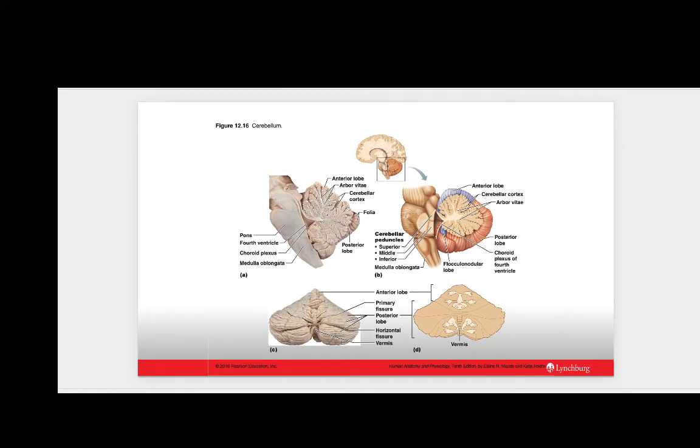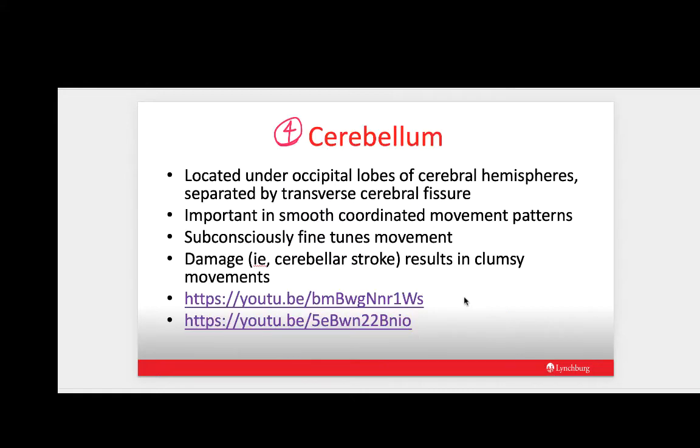So here's our cerebellum here, and this is looking at it from the back, and you can see here's one lobe of the cerebellum, and then here's the other lobe on this side. Now, this area in between is called the vermis, and it basically connects the two lobes of the cerebellum. The cerebellum is also mapped out, it has a mapping of our body on it, and we call that the cerebellar homunculus, similar to what we saw in the primary motor and primary somatosensory cortices.